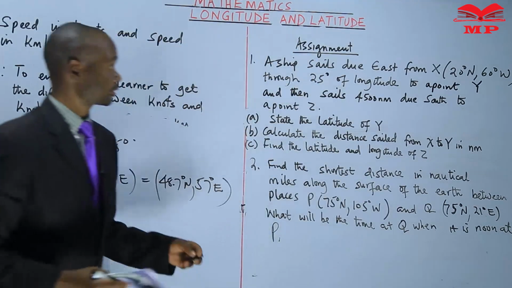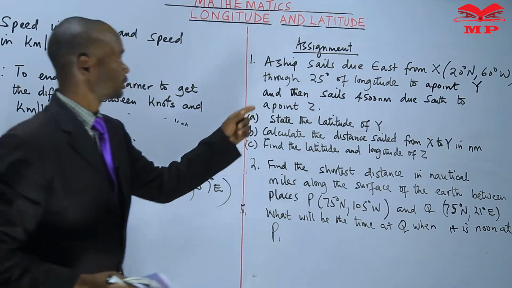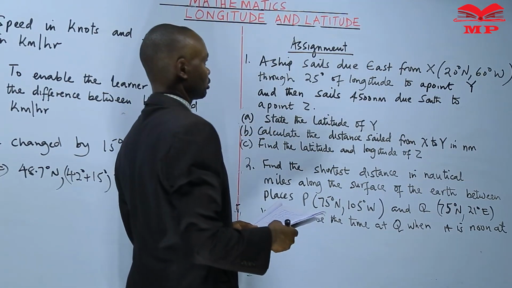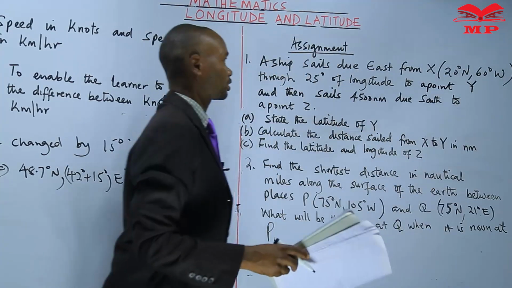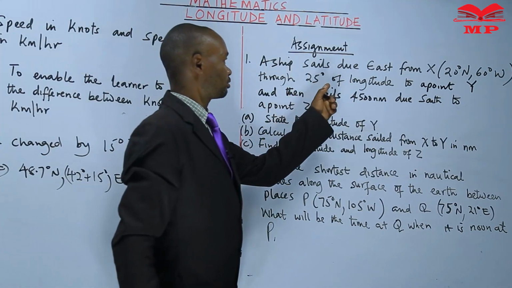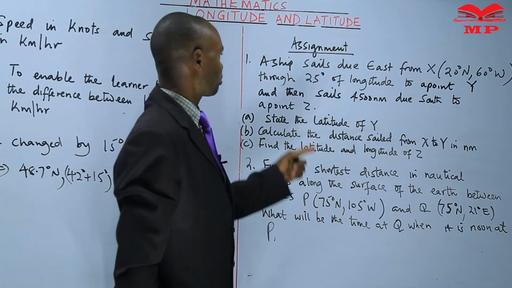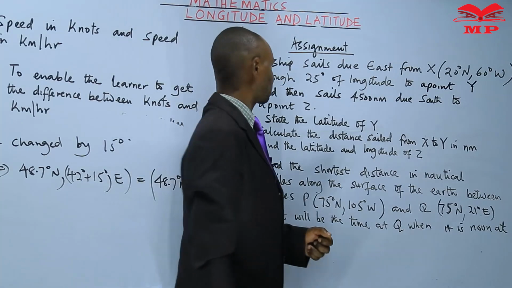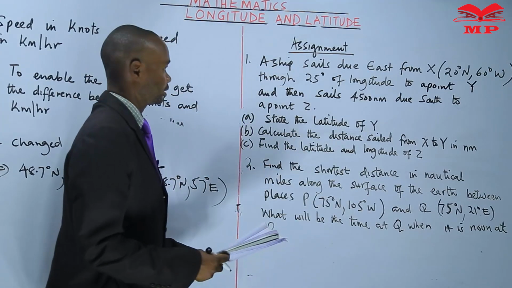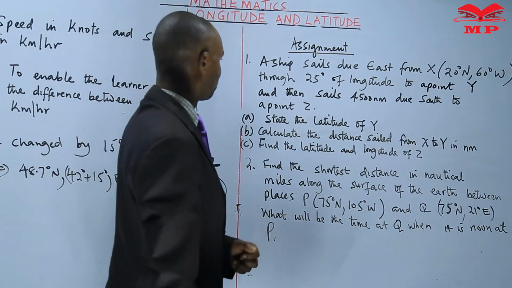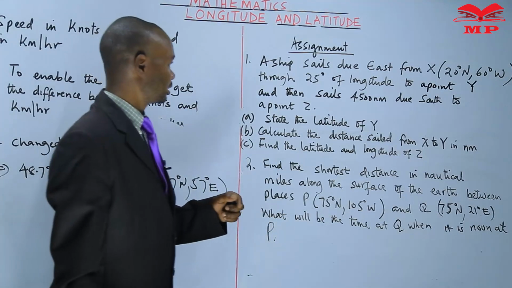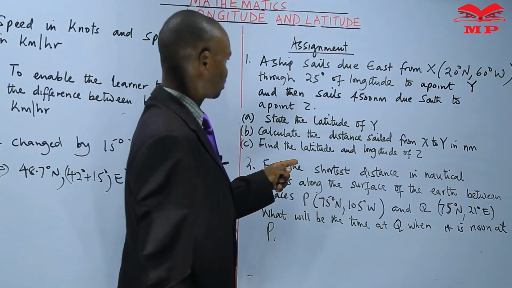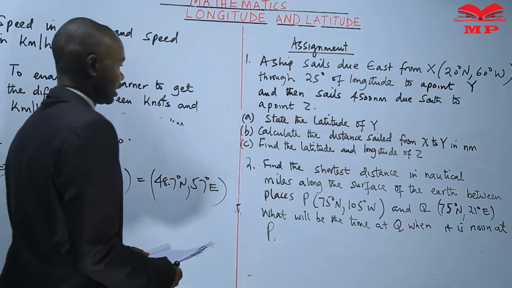Quickly through the questions. 1: A ship sails due east from X, 20 degrees north, 60 degrees west, through 25 degrees of longitude to a point Y, and then sails 4,500 nautical miles due south to a point Z. A, find the latitude of Y. B, calculate the distance sailed from X to Y in nautical miles and find the latitude and longitude of Z.